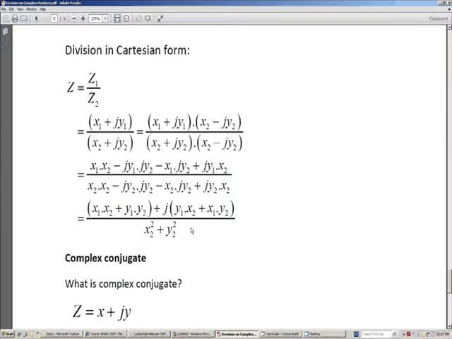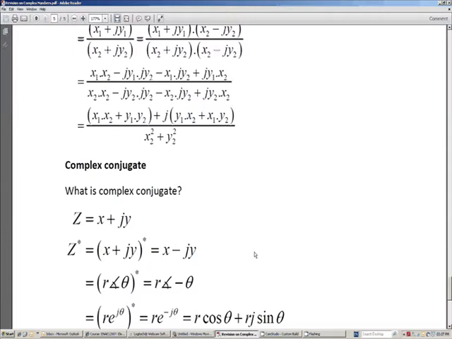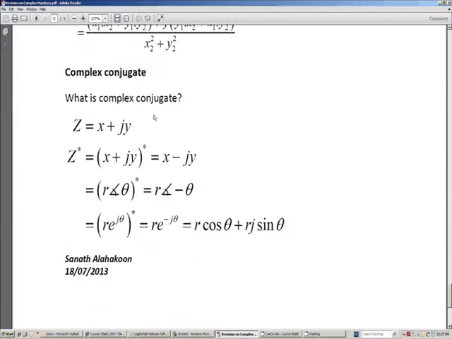Now the rest is easy because you get x1 x2 plus y1 y2 divided by x2 squared plus y2 squared as your real part, and j times y1 x2 minus x1 y2 divided by x2 squared plus y2 squared as your imaginary part. So that is how you do the division in Cartesian form.